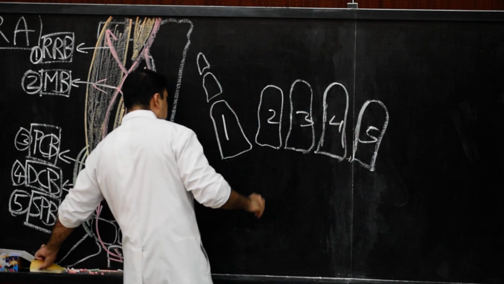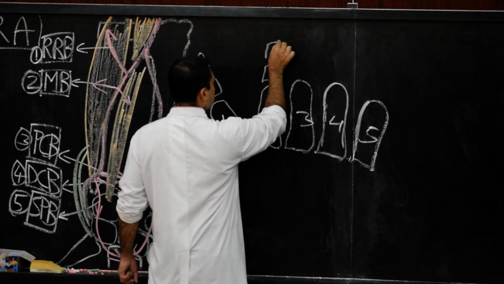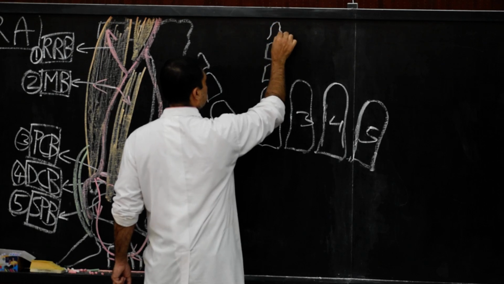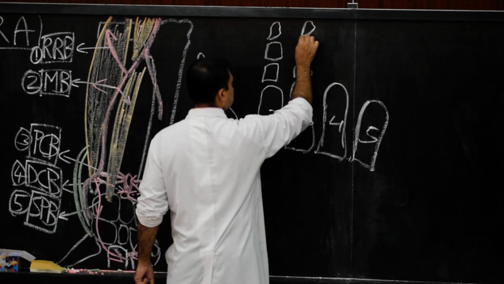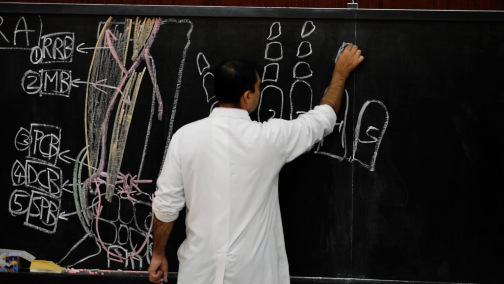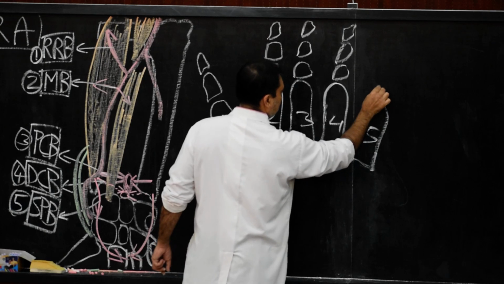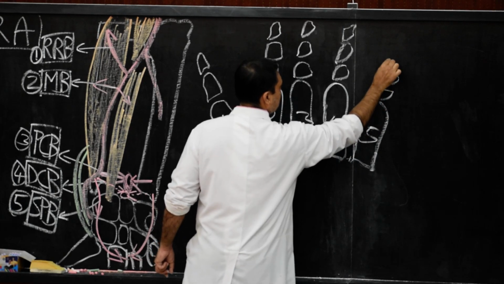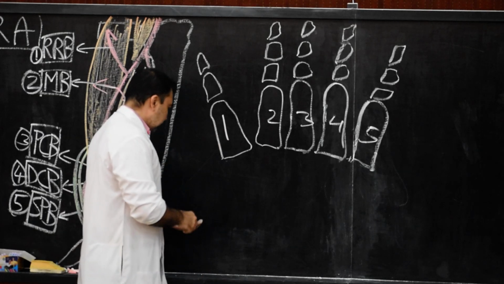Phalanges. Now in the phalanges, we will show them first, then proximal, middle and distal phalanx, similarly proximal, middle and distal phalanx for each of the other digits. Now here, this is the dorsum.